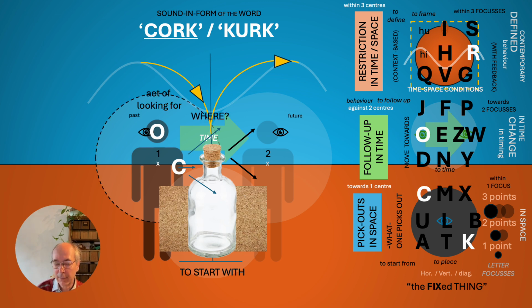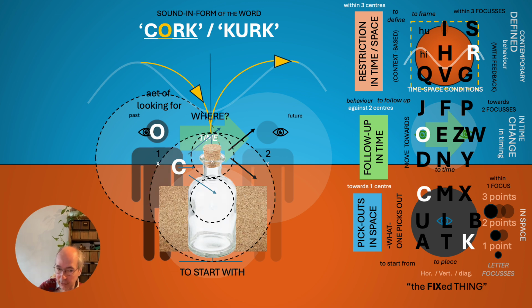So all these things are easily seen when we start to associate it with that cork in the bottle. The O is even more than just, let's look, the act of looking for what to do. It also has a where factor, a placement factor. And where is that placement? As you can already see, it's around the person. It's not the person itself. It's not the object itself. It's the surroundings. The surroundings are, of course, the surroundings of the bottle. It's the inner surroundings, the outer surroundings. The C is going to look into the superficial outer placement, where again it has to be broken.